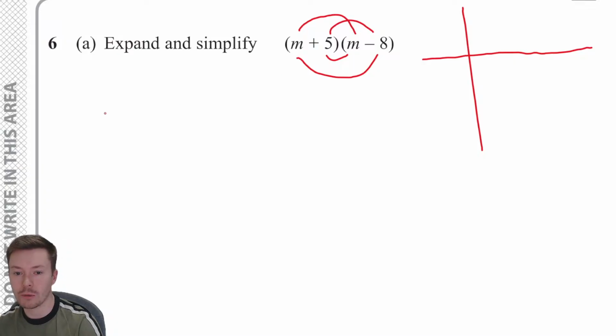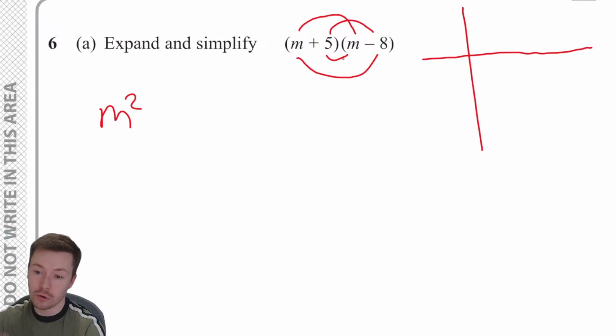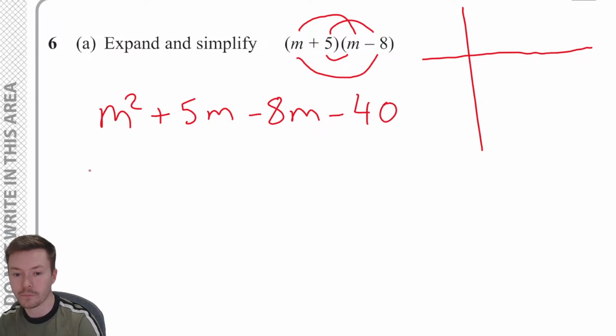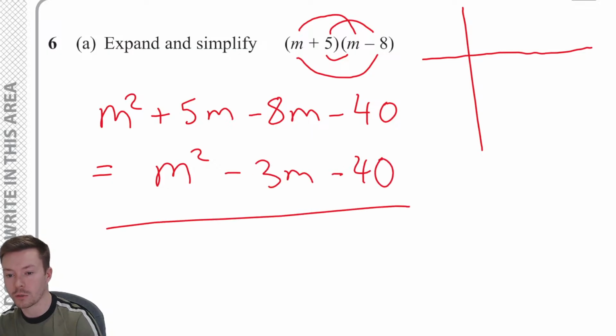So I do m times m is m squared. Then you do the nose and the mouth. So 5 times m is 5m. And then we've got m times minus 8, which is minus 8m. 5 times minus 8, which is minus 40. So that gives us m squared minus 3m minus 40.